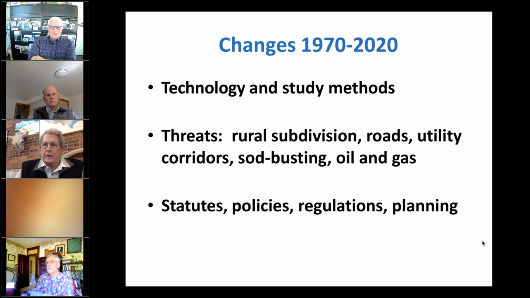I would just highlight three statutory changes and policy changes that were really, really germane to the success of conservation along the front. The first was that in 2005, the U.S. Fish and Wildlife Service established the Rocky Mountain Front Conservation Area.